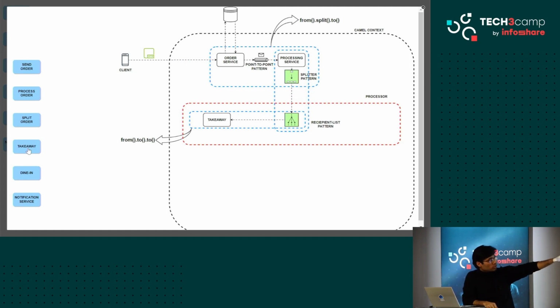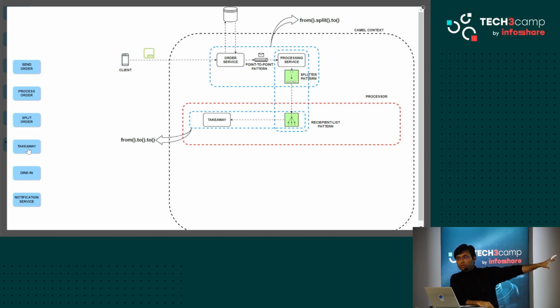Once the order has been split, the next pattern is the recipient list pattern. So what is the recipient list pattern? We might have come across several business use cases wherein we are not sure of the final destination where a particular message needs to be delivered. For those use cases, we have the recipient list pattern.